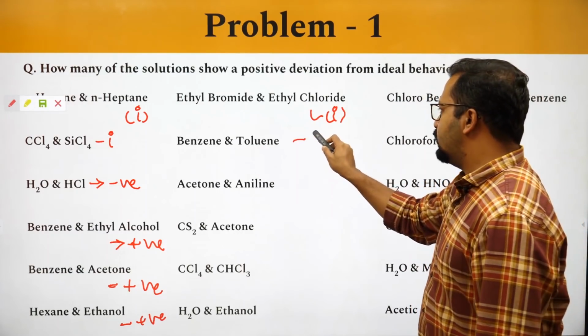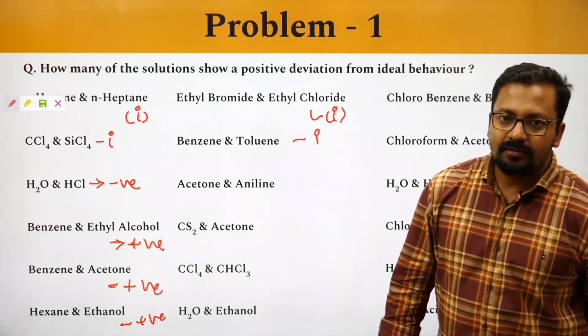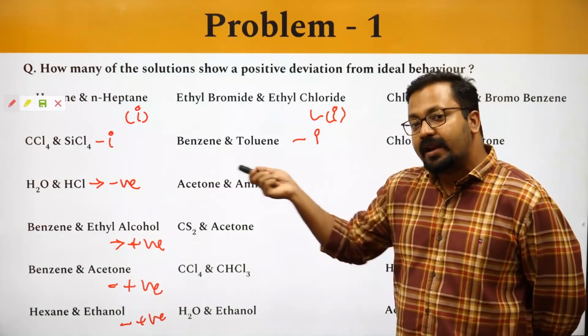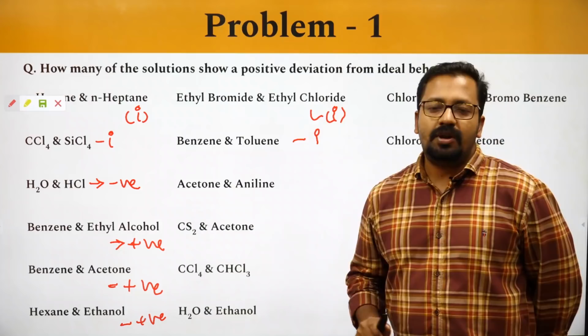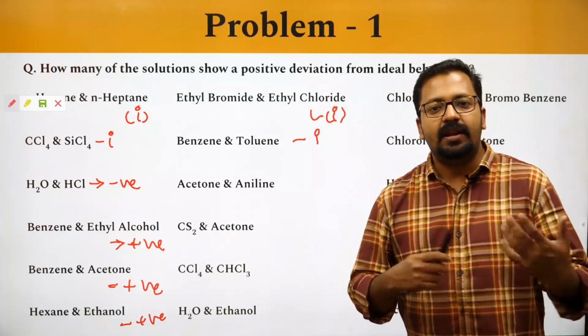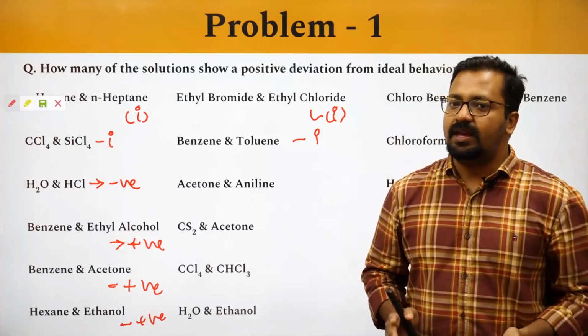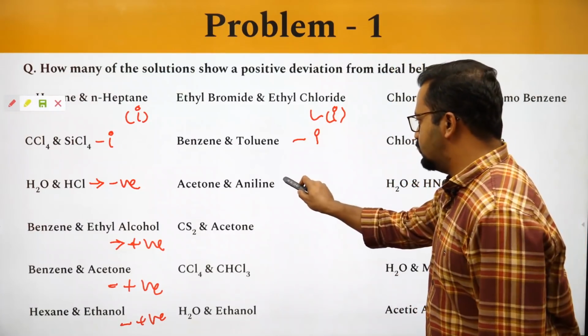Benzene toluene, ideal. Acetone aniline, एसीटोन एनिलीन, इन दोनों के बीच में रिएक्शन हो जाता है. अगर आपको याद हो कार्बोनिल केमिस्ट्री में, एसीटोन एंड एनिलीन दे रिएक्ट विथ ईच अदर. एनी टू सब्सटेंसेस which can react with each other will always show negative deviation.